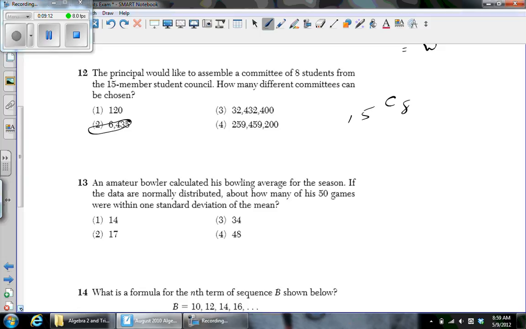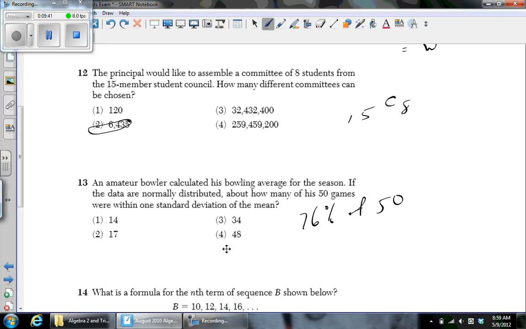Amateur bowler calculated an average for the season. Data normally distributed, if it's 50 games within 1 standard deviation of the mean. So 1 standard deviation of the mean, that's going to be 68% of 50.